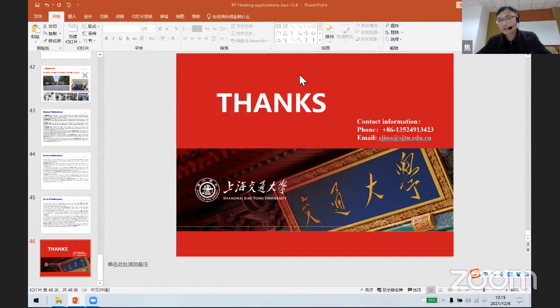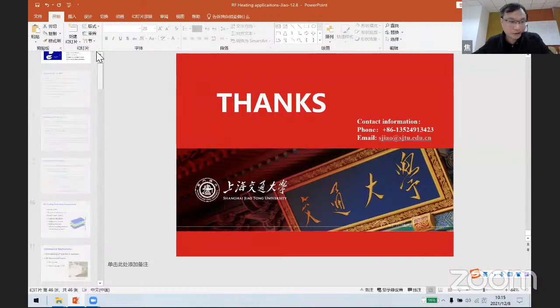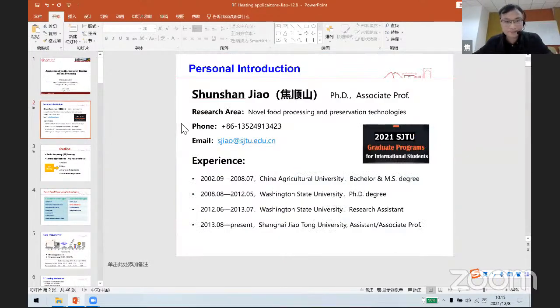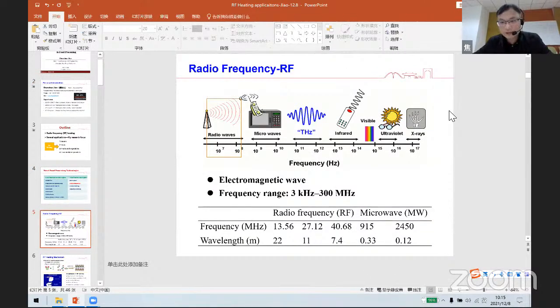Since, like I mentioned, it's a kind of electromagnetic wave like this. I don't know if you can see these slides. Can you see the slides right now? Yeah, we can see this slide. For the radio wave and the microwave, they have exactly the same frequency range as our cell phone, and also our radio waves.